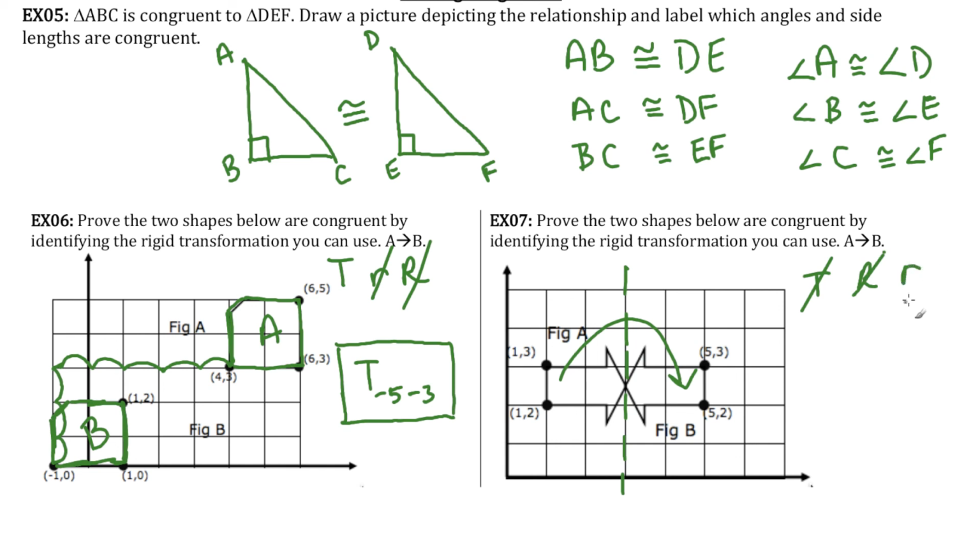So it was reflected over the line. That is the x-axis, 0, 1, 2, 3. So it was reflected over the line x equals 3. Cool. Next page.